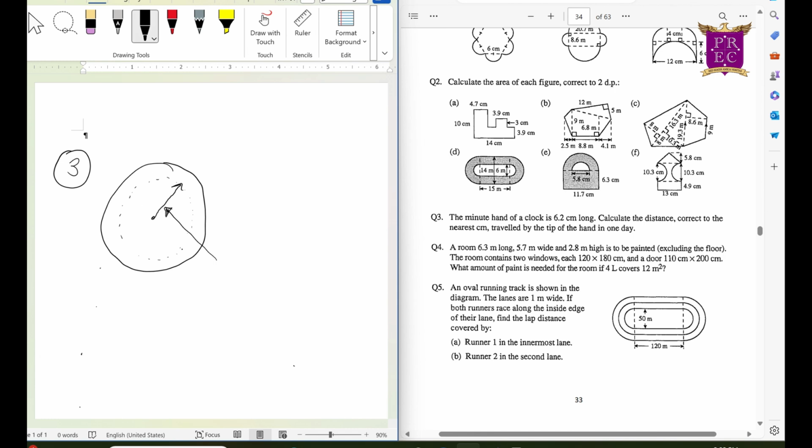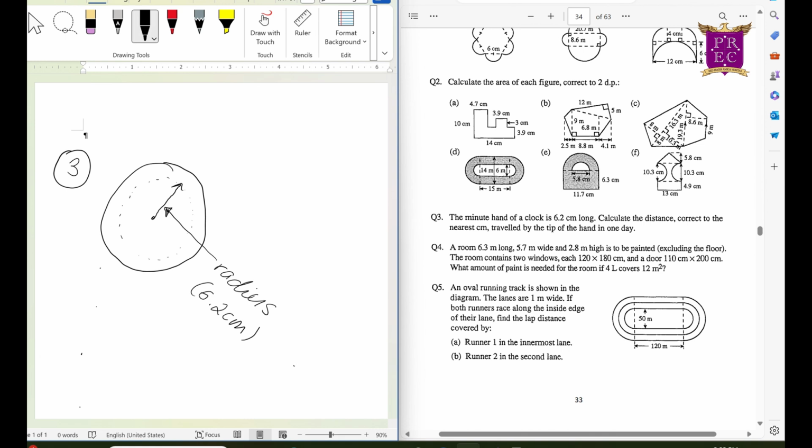If this was the circle, and this is the center of the circle, what's the minute hand? It will be the radius, right? Knowing that the minute hand is 6.2 centimeters long and it's the radius, all we have to do is find out the circumference of the mini circle inside the clock.